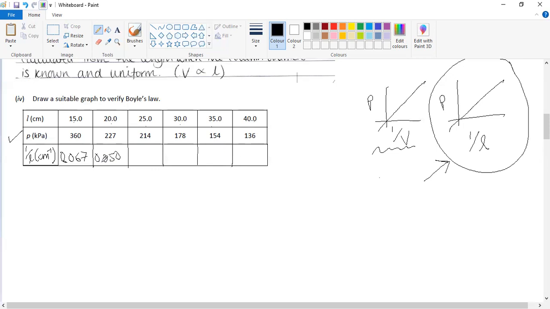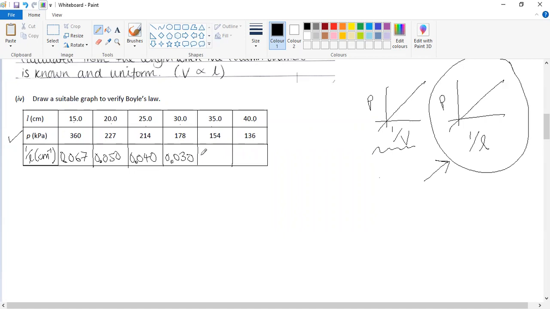Sorry, 0.05. Okay. You have to scribble 0, 0.030. And I'm on purpose keeping these zeros because I'll come back to that in a second when I'm doing my graph.